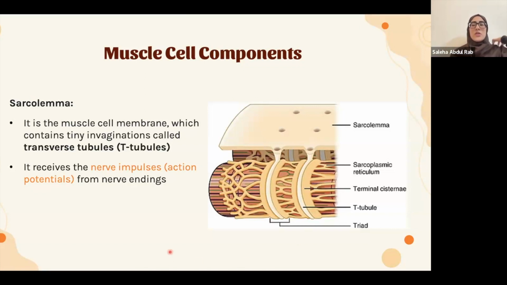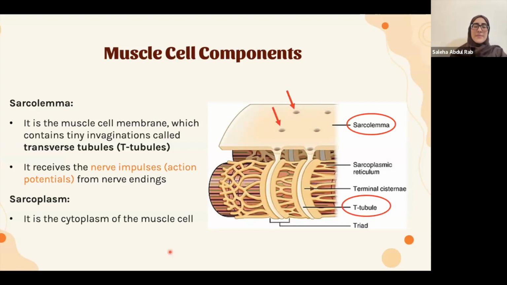So this could be neuronal nerve endings, or in case of cardiac muscle, which looks exactly the same, by the way, this is an impulse from the action potential of the pacemaker cells, sorry. Okay. So, these are the T-tubules, and sarcoplasm is the cytoplasm of the muscle cell.